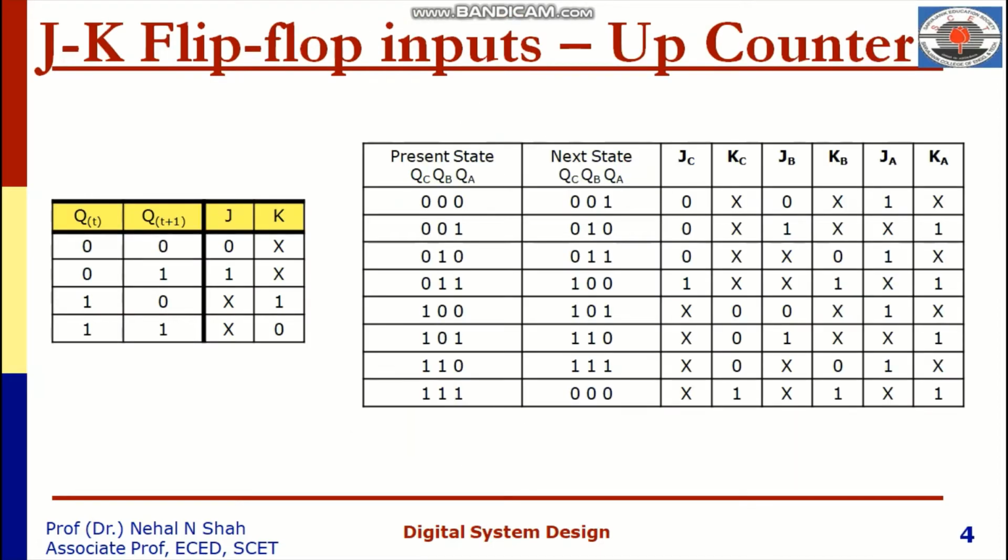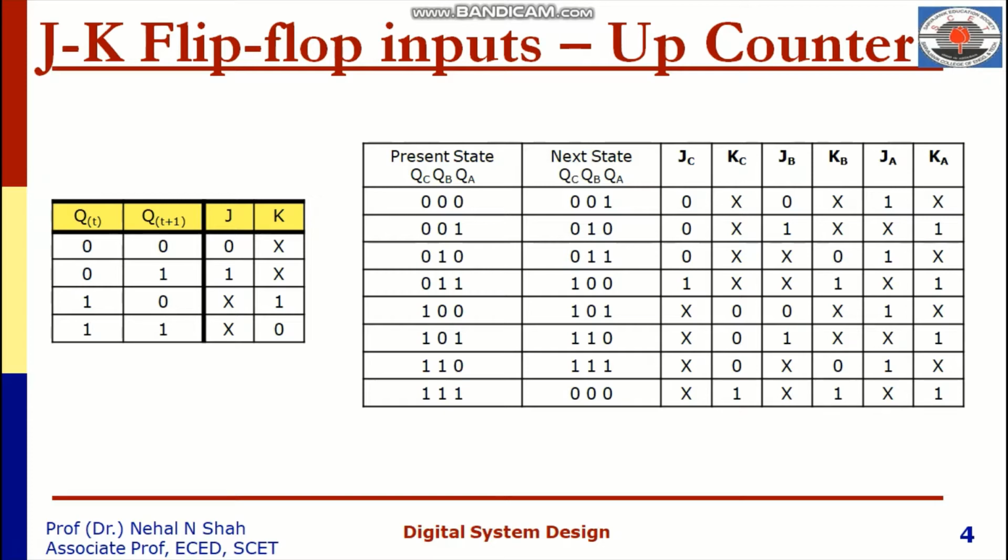As we have decided to use JK flip-flop, we should look at the excitation table of JK flip-flop. In the excitation table, the first column says QT, that is the present state, and QT plus 1, that is the next state.